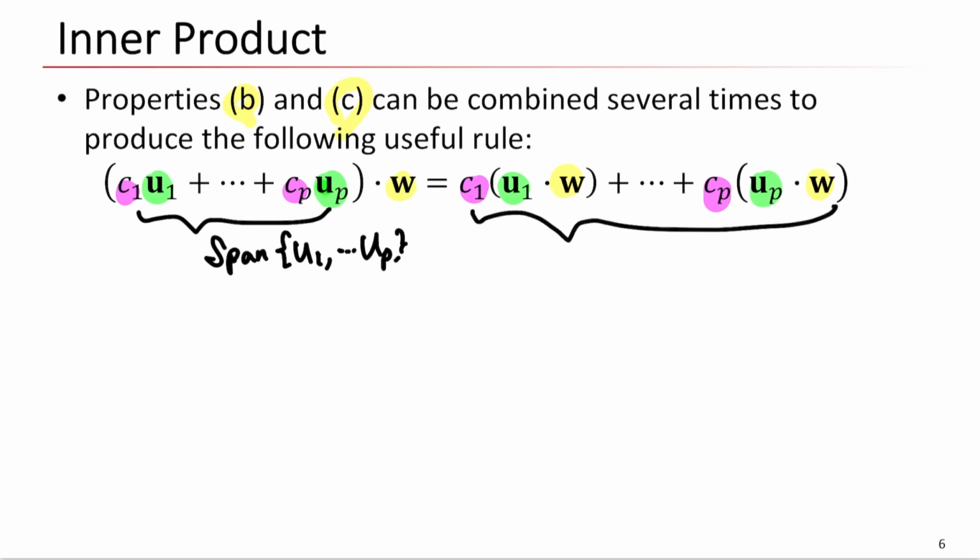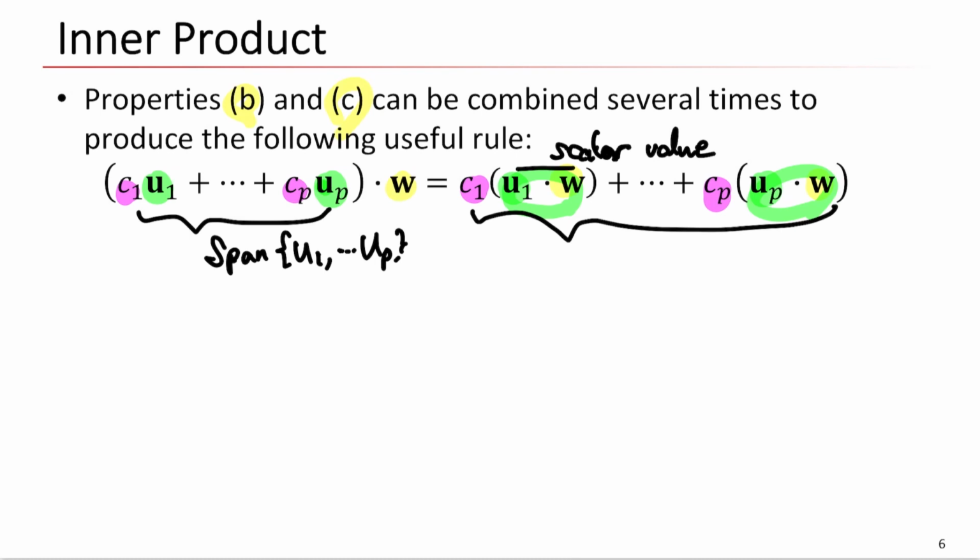So what does it mean? Each inner product is just a scalar value, so it means this is the linear combination of the outputs u1 dot w through up dot w.